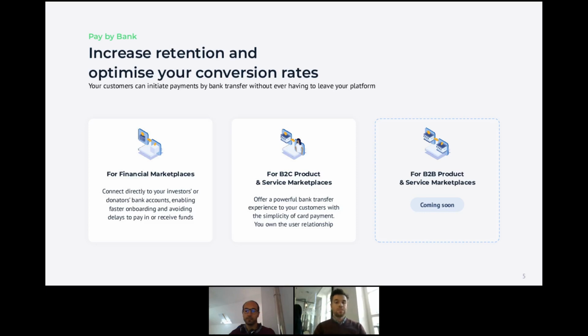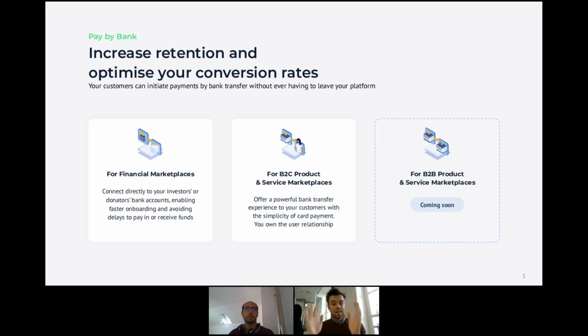This is also valid for B2C marketplaces selling products or services, because even if they see a minority of bank transfers, this percentage of transactions tends to grow, and with such a user experience it should grow even more in the coming months and years. So the features we're providing are a fit for financial marketplaces and B2C product and service marketplaces.